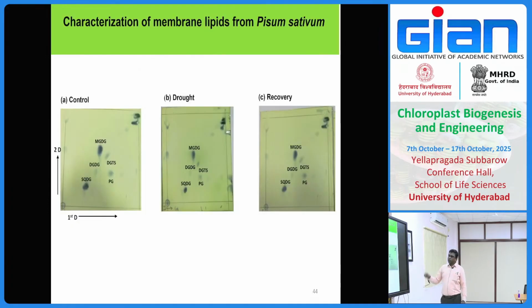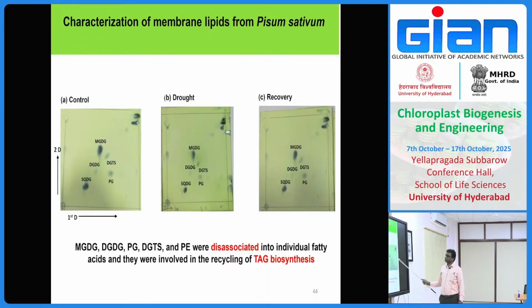Now we did this one in 2D, the one dimension, second dimension TLC, where you can see here in drought, MGDG has a change, DGDG is significantly changed, and SQDG, you can see almost more than 60% has changed, and it is reversing in recovery conditions.